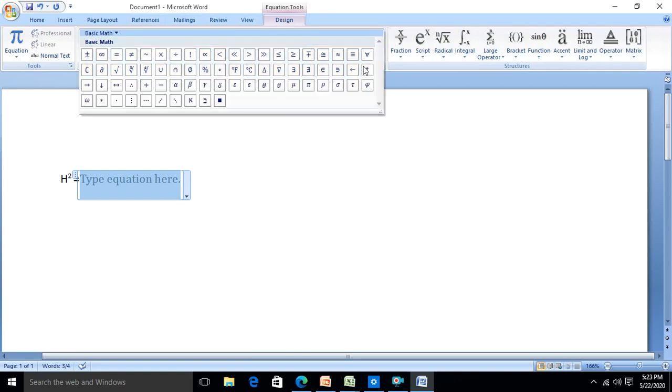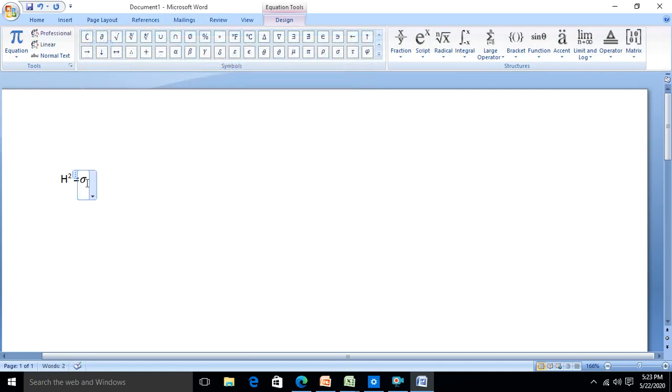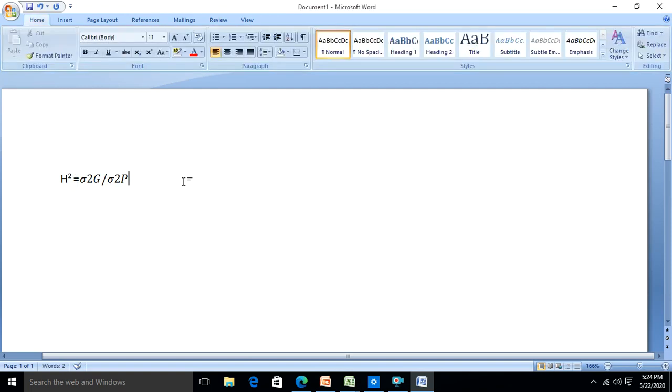So before joining me in this lecture, I request you all to kindly go through the basics. Okay, this is the formula of heritability.